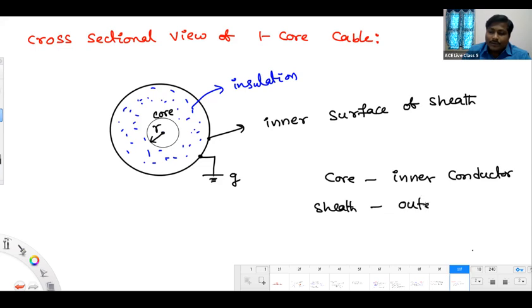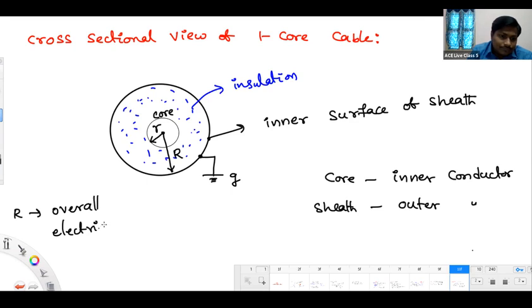The outer conductor radius I am calling R. That R can also be called the overall radius of the cable, the electrical radius of the cable.